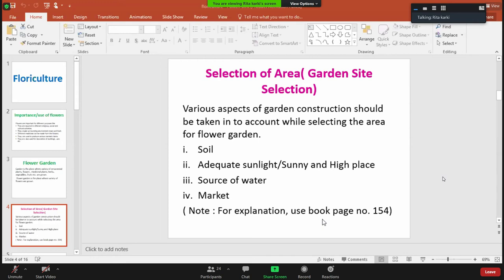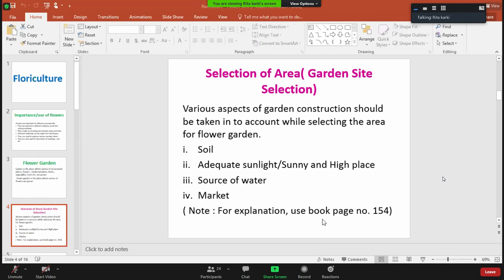The area should obtain at least 6 hours of sunlight. For flowers to grow and develop properly, 7 to 8 hours of sunlight is extremely important. But in case those areas cannot obtain 7 to 8 hours, we should at least select an area that obtains 6 hours of sunlight daily, without which the plants cannot grow and develop properly.